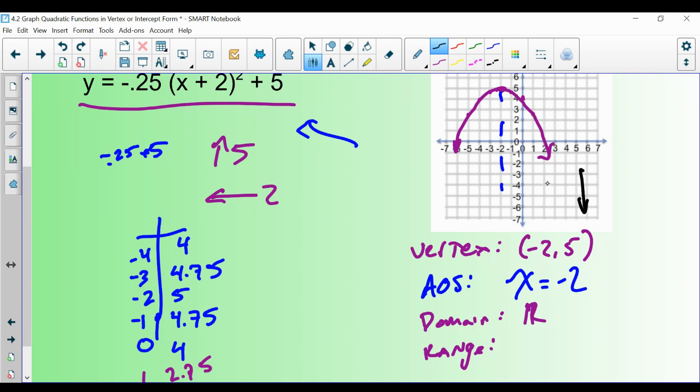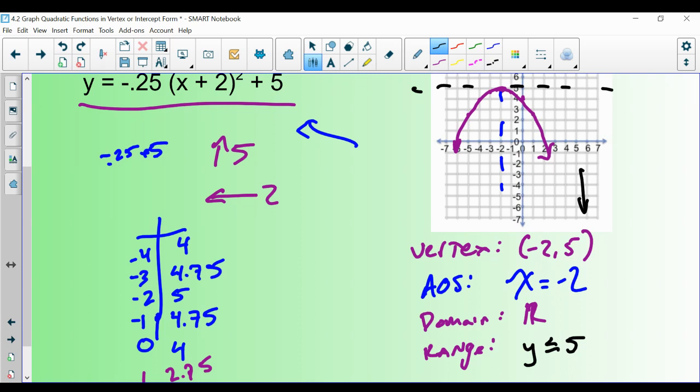These lines are going down forever. So it does start at negative infinity down here at the y's, but it doesn't go up forever, right? It actually never achieves any y value above this imaginary line at 5. So the range is going to be y values less than or equal to 5, right? Which y values does this graph ever achieve? Well, the ones less than 5 or equal to 5, right?